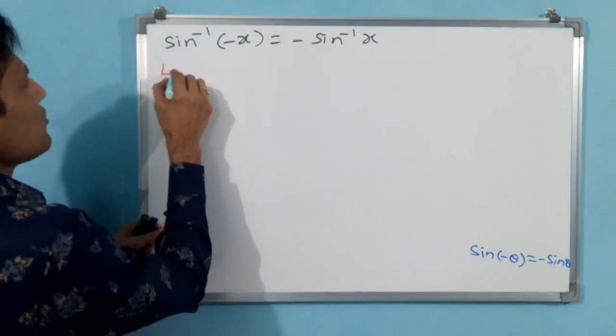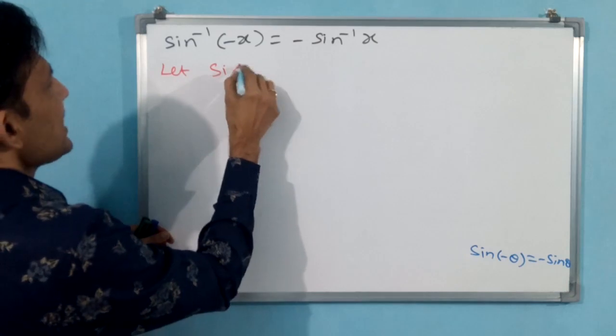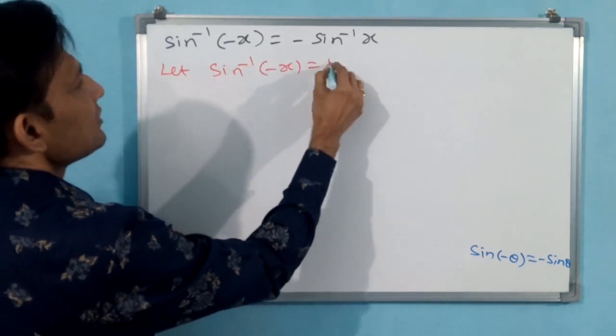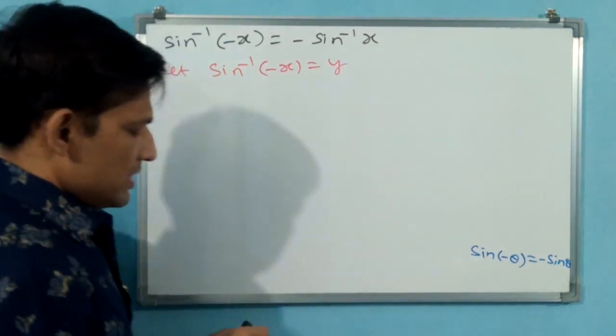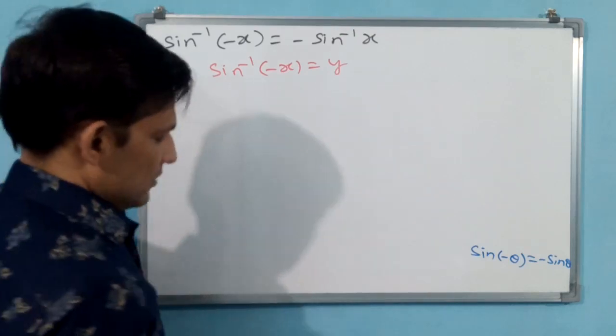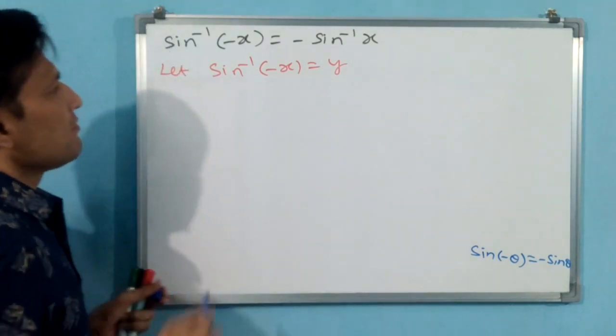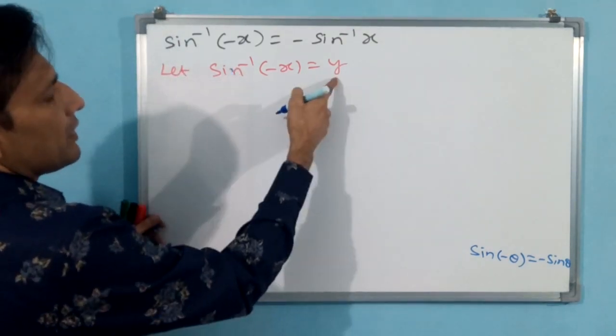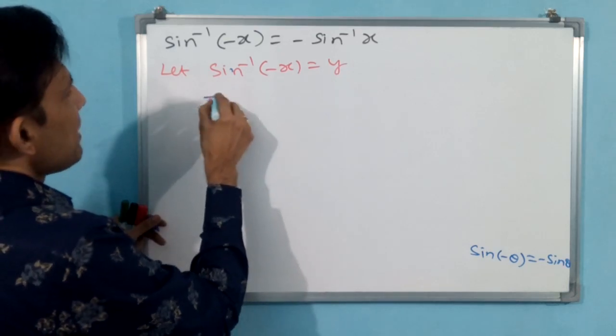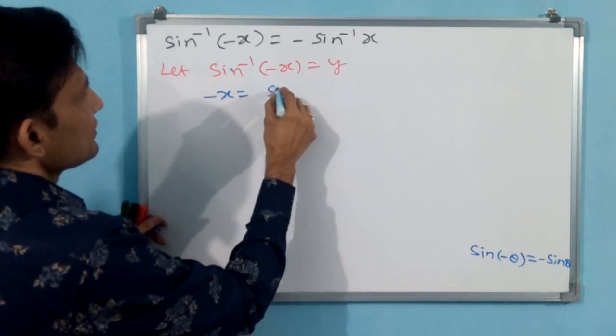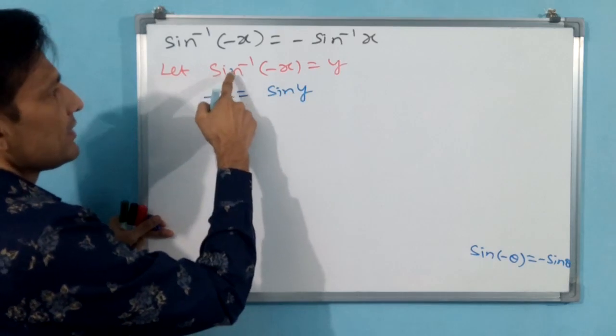Let sin inverse of minus x be equal to y. How am I proving? Sin inverse of minus x is equal to y. If I take y, automatically minus x is equal to sin y. Is it correct? Why?